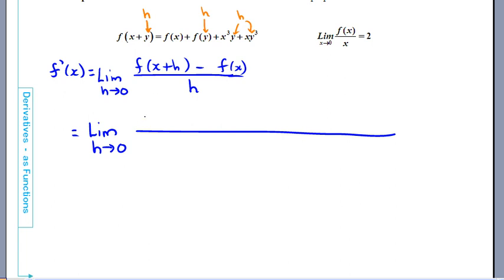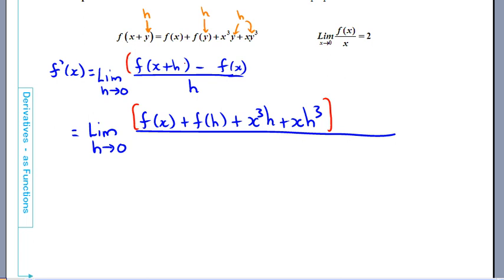So figuring out this top part here, this would be f of x plus f of h. I'm just following their pattern based on this property for this function, plus x cubed h plus xh cubed. That's the whole thing.